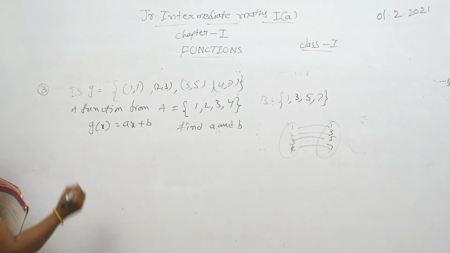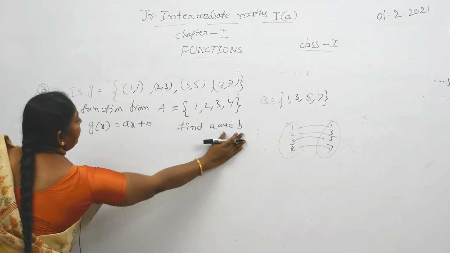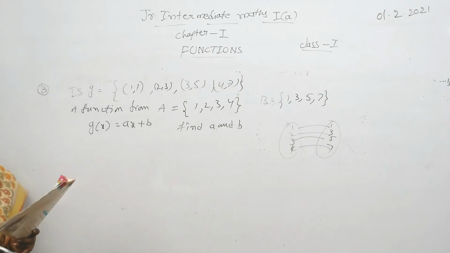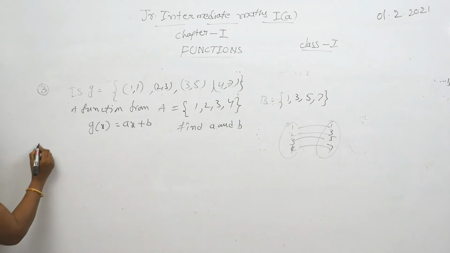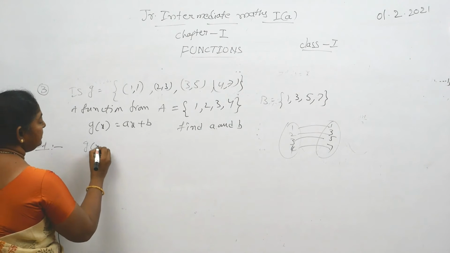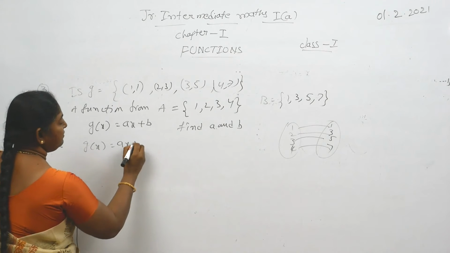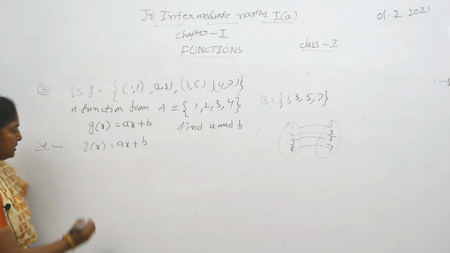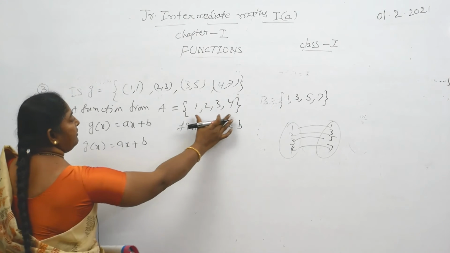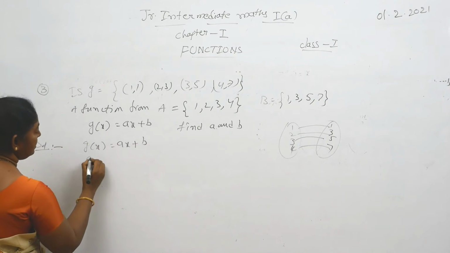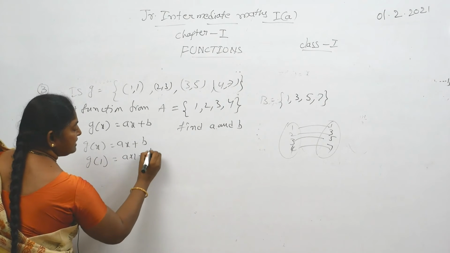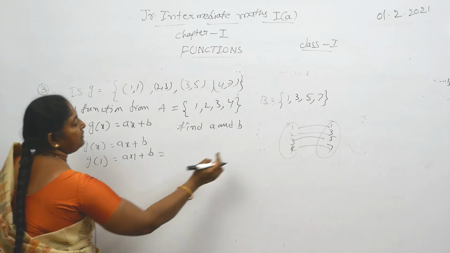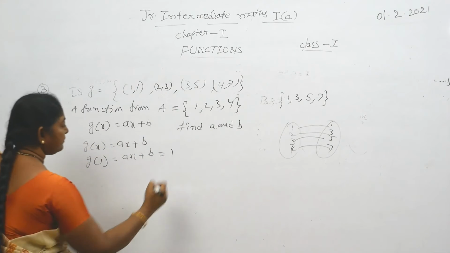So first we have to find a and b. Domain and codomain are both given. Solution. g of x equal to ax plus b. First substitute the x values. So g of 1 equal to a into 1 plus b, that equals 1.